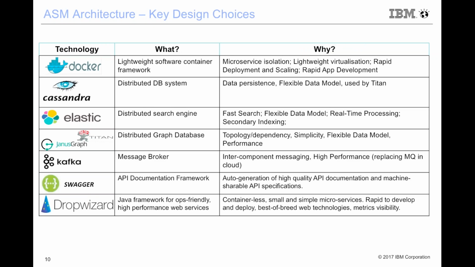This is just trying to illustrate that we're fully leveraging all these new cloud-type applications. So everything's running in Docker. We have the Cassandra database into which we store the topology, which can be clustered and run in the cloud. Elasticsearch is supporting the search engine. We have what used to be Titan Graph and has morphed into Janus Graph, supporting the graph database that we're storing the data in.